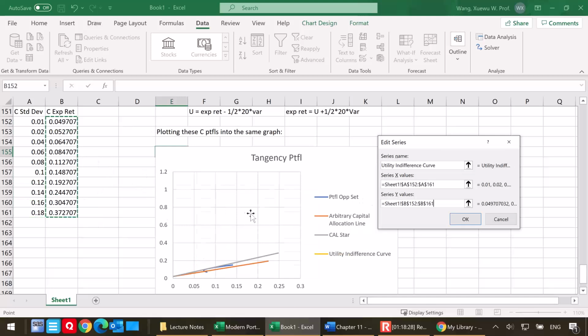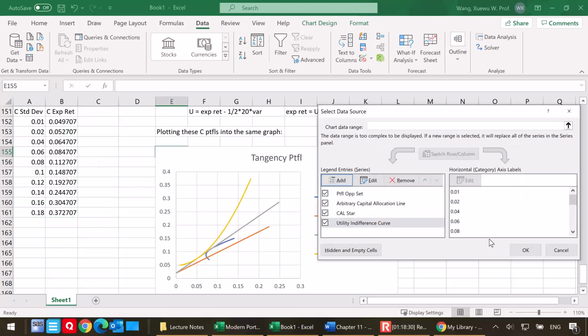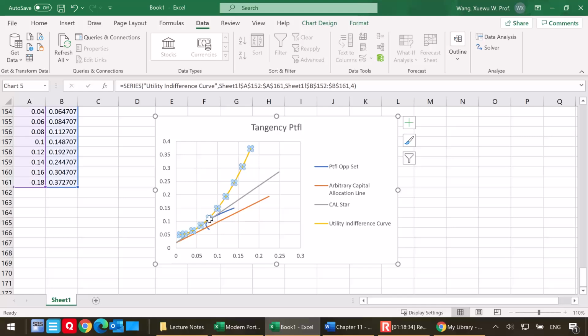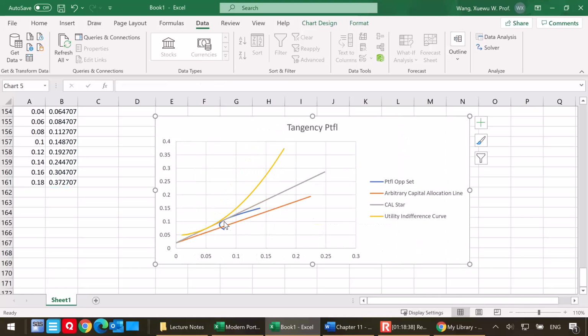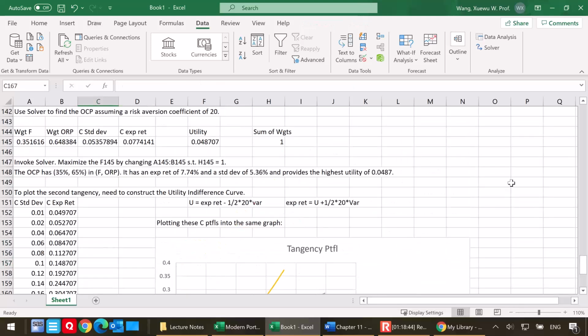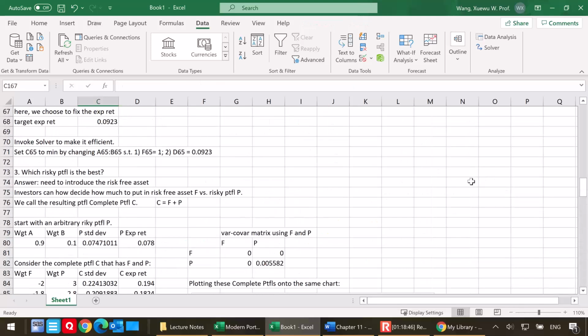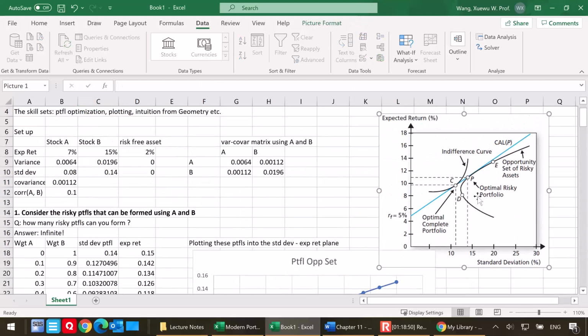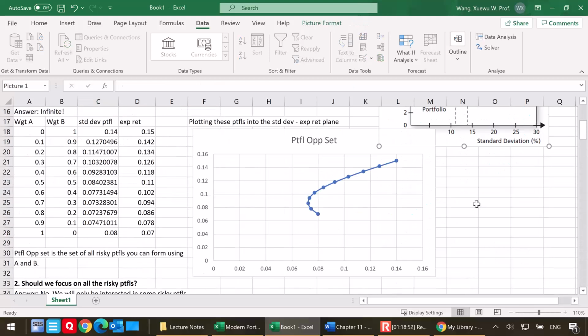Okay, now I can click OK and click OK, and yes, we have the tangency here. All right, so that tangency portfolio is the optimal complete portfolio. Okay, and we have just replicated the starting chart I mentioned at the beginning of this lecture. All right, so if you look at this one here, yes, it's very similar.